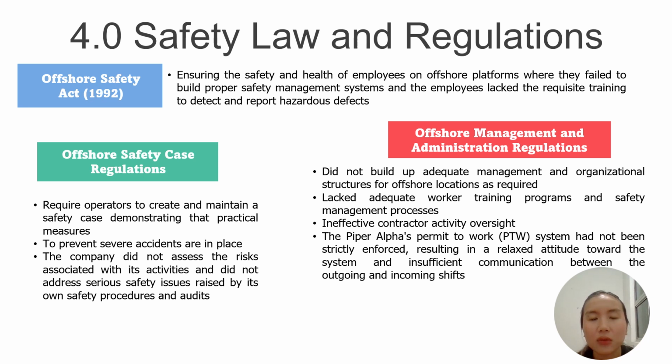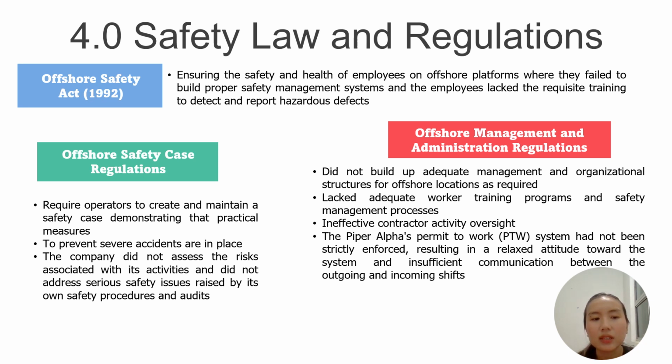In this slide, I will explain the related safety laws and regulations. According to what the case study reveals, both the organization and employer failed to follow the applicable legislation. The Piper Alpha disaster killed 167 personnel and entirely destroyed the platform due to poor maintenance, faulty safety systems, inadequate communication, and lack of training.